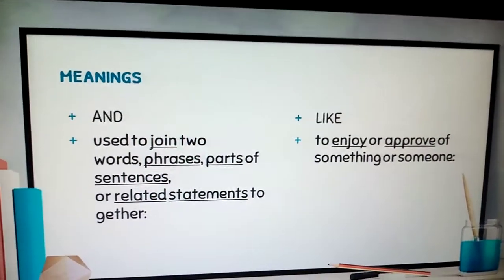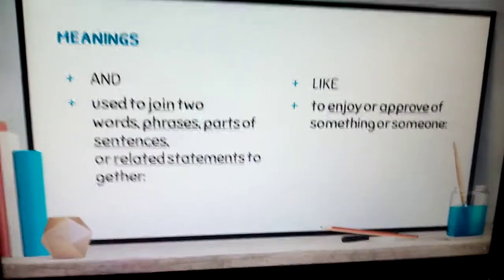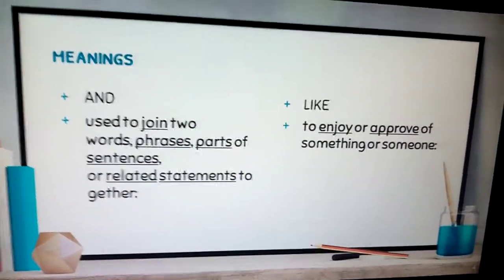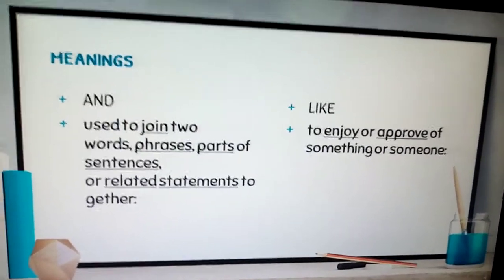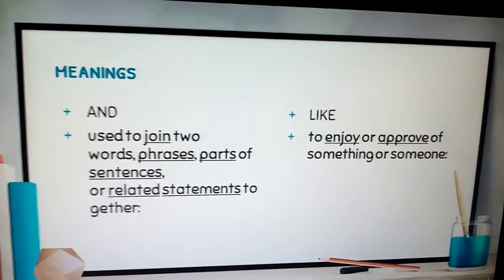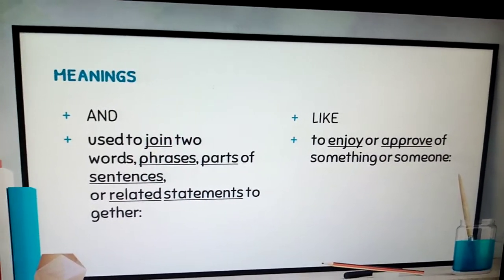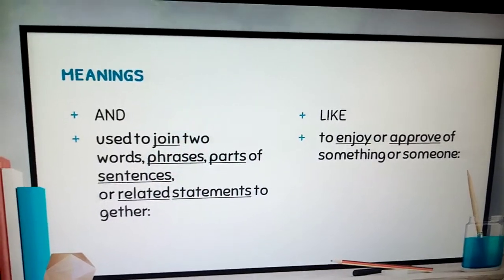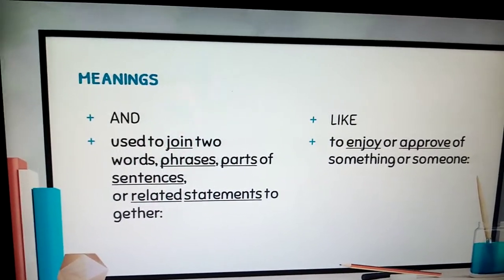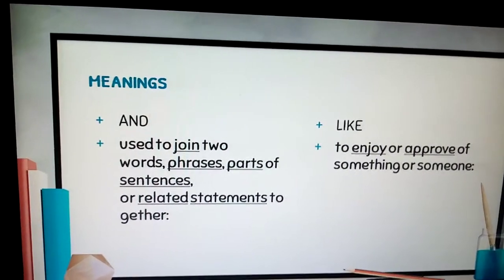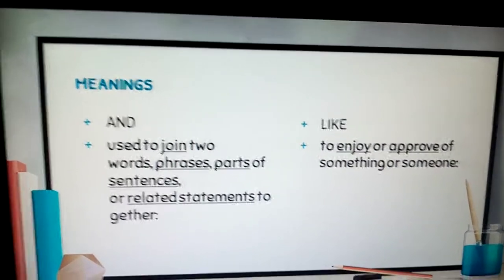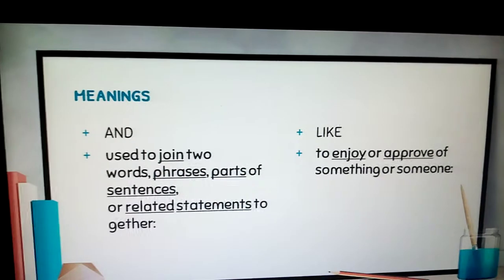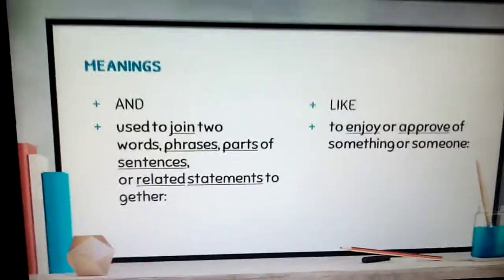Meanings. First, we're going to know what the word's meaning is. Definition is the meaning of the word. There we have and, used to join two words, phrases, parts of sentences, or related statements together. Then we have the definition of like, to enjoy, approve, or something or someone.